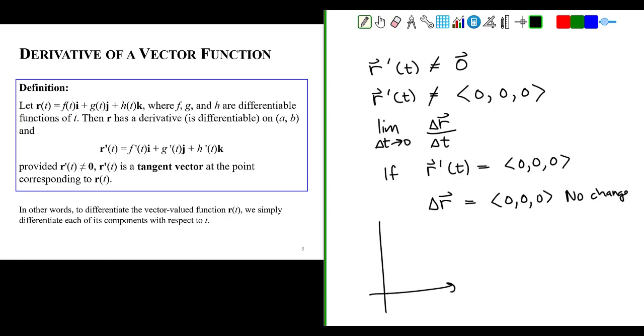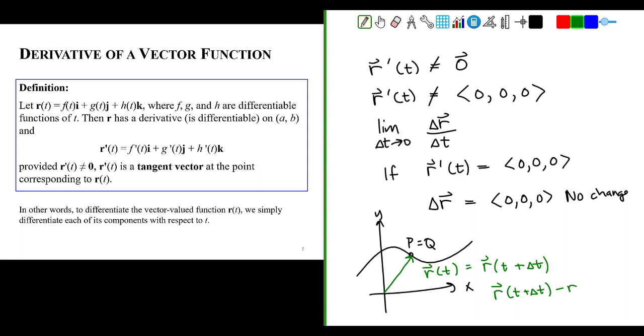So to just illustrate that, if this were our curve, and here's point P, and there is no change, so point P is equal to point Q, and r of t, or r of the parameter t, is equal to r of t plus delta t, and that would mean then that r of t plus delta t minus r of t is equal to 0.